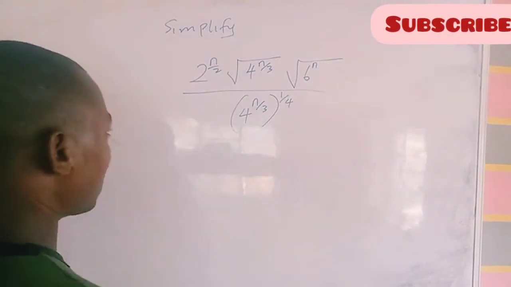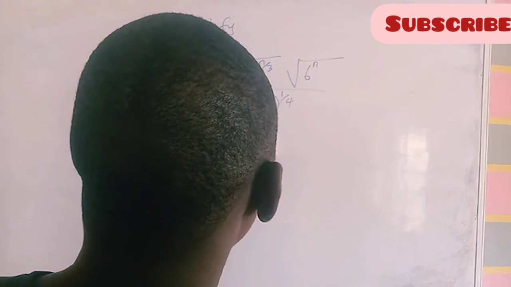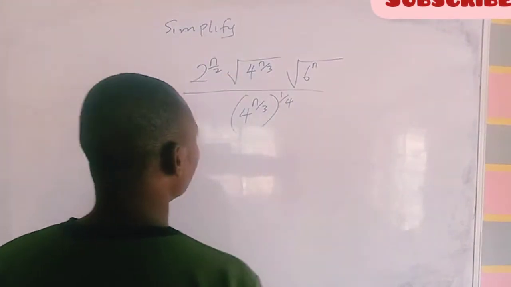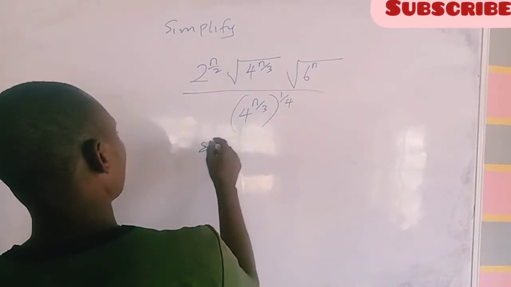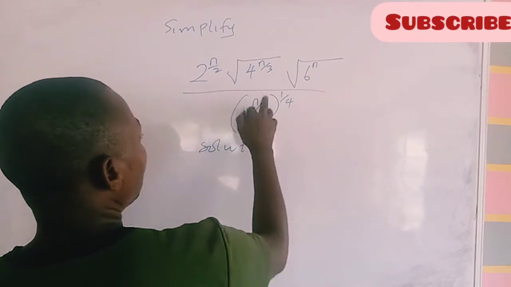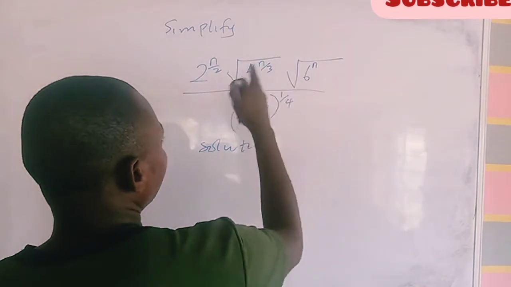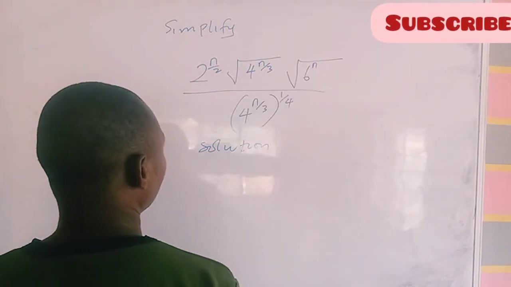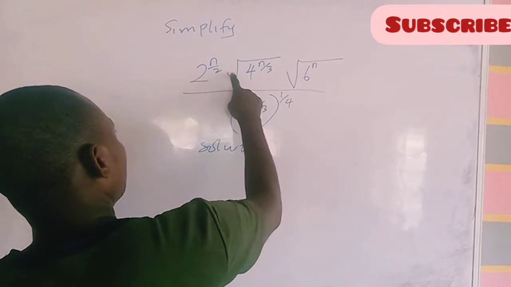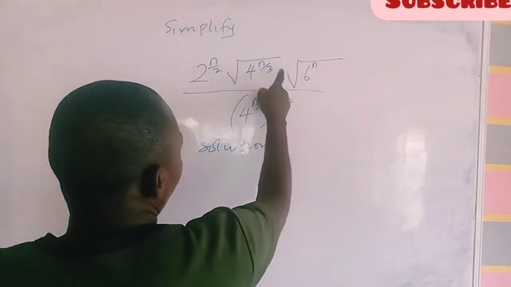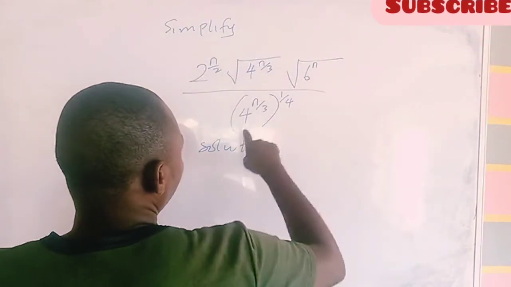So let us see how we can handle this. What is first of all the solution? It is to see how we can convert this, remove all the roots and turn them to power. I told you that when you don't see anything here, 2 is there. So when it becomes power, it becomes 1 over 2. Same thing I'm doing here.